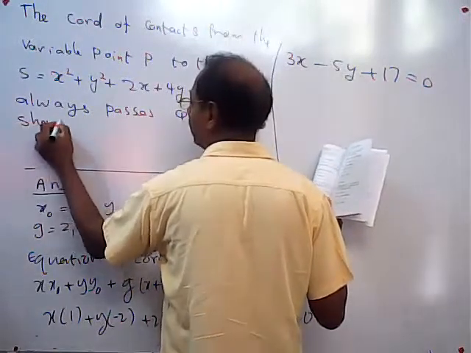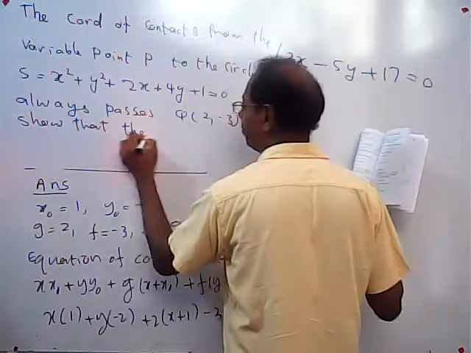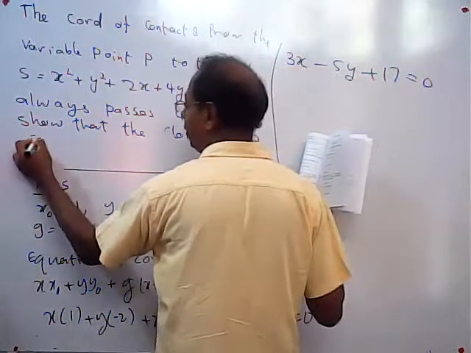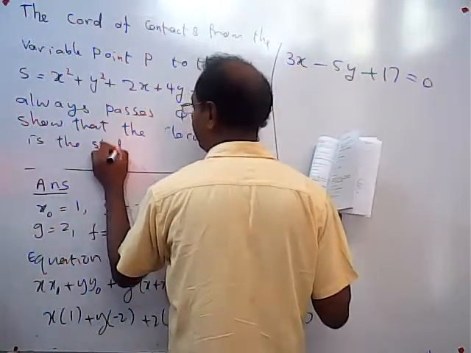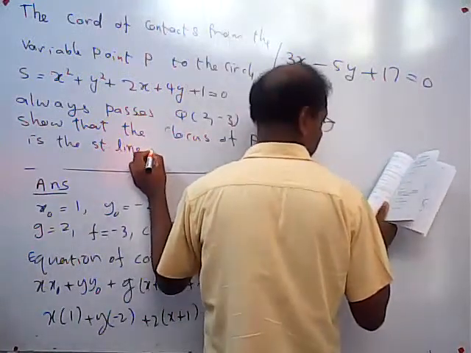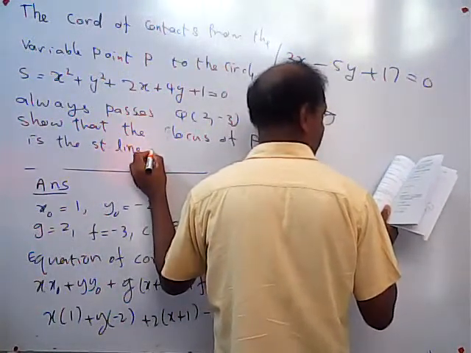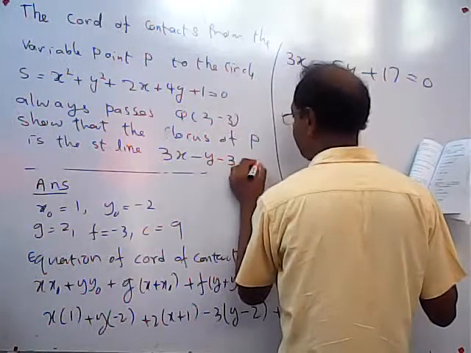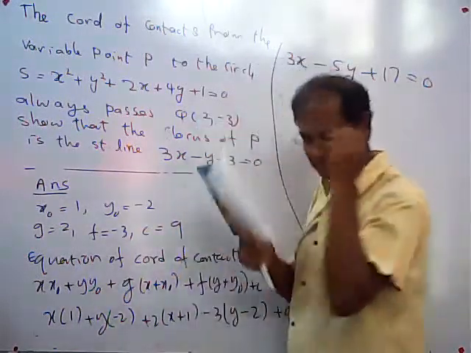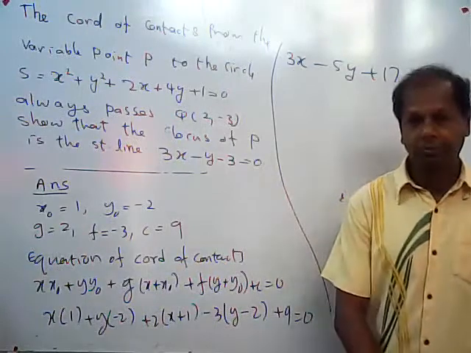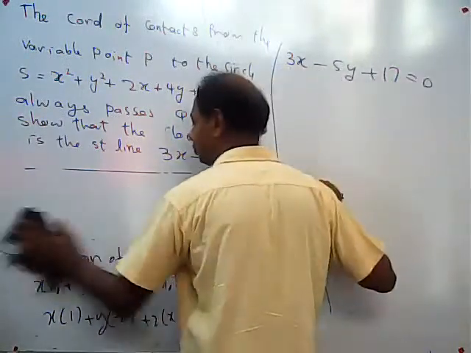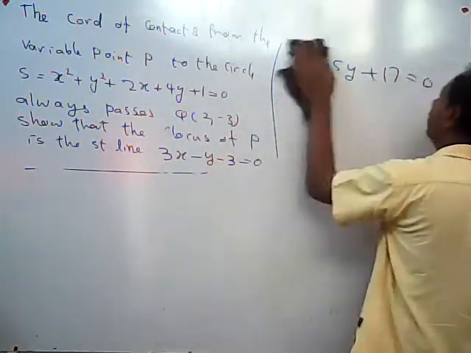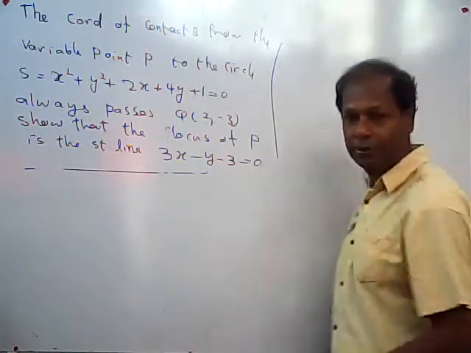Show that the locus of P is the straight line 3x minus y minus 3 equals 0. Okay, you can try this.